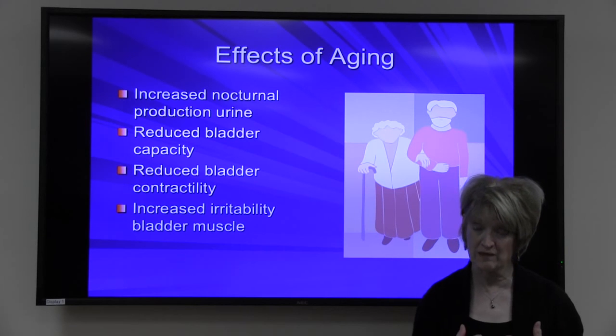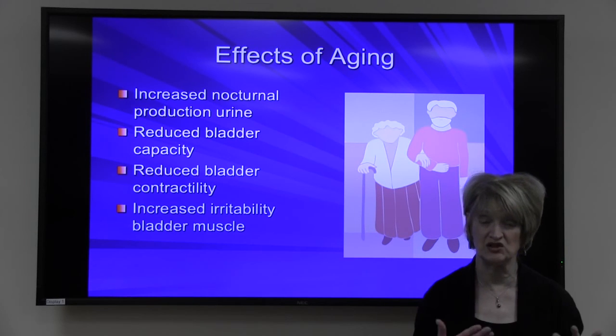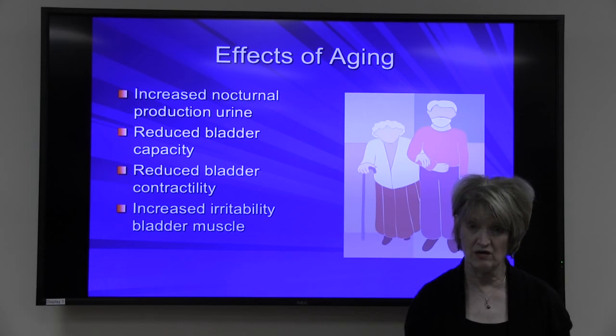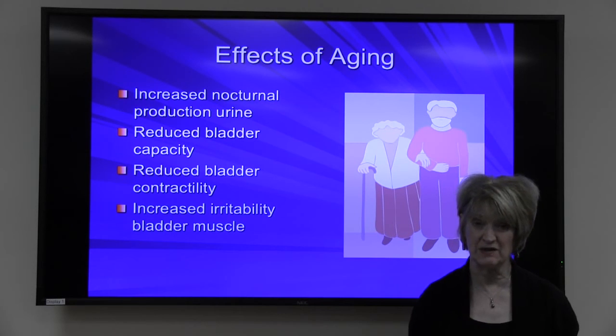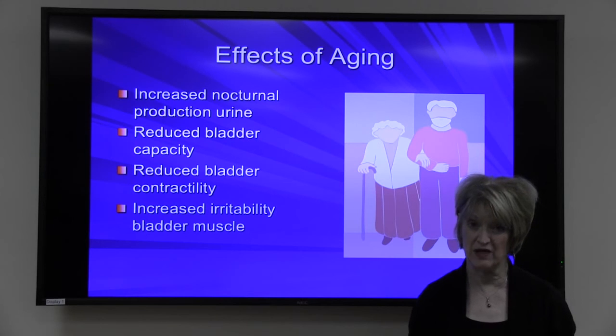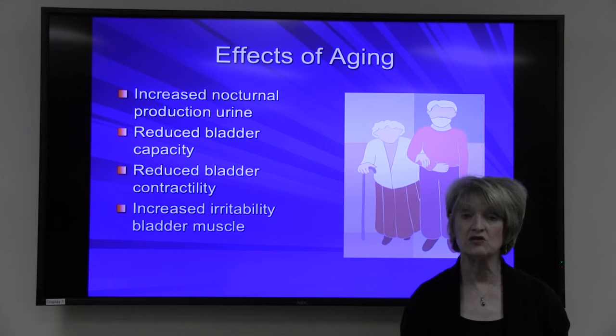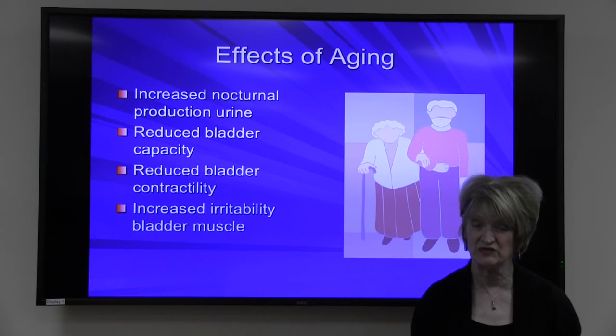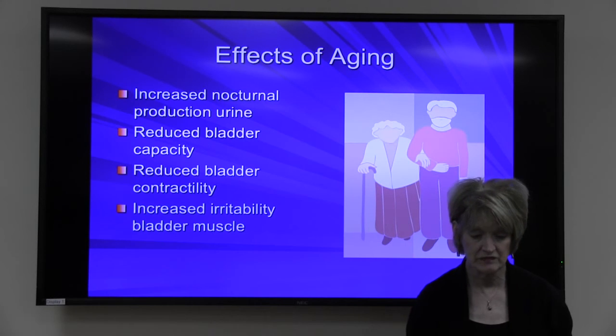You think about what happens with the heart, what happens with the ejection fraction. Well, that deteriorates with aging as well. But certainly something that has to be considered when we establish bladder programs and management programs for elders. And certainly we want to be sensitive to how frustrating it is for someone to have increased urgency, increased frequency.